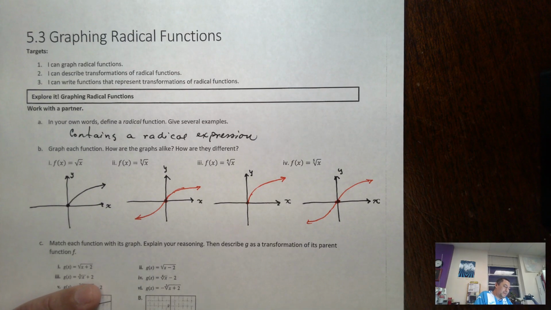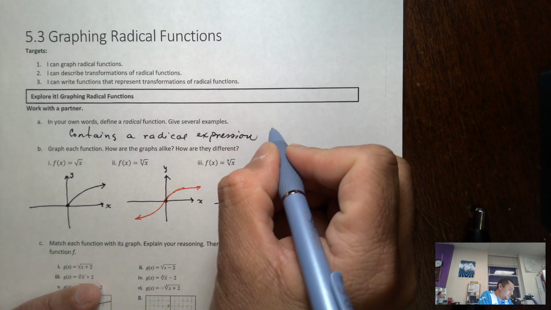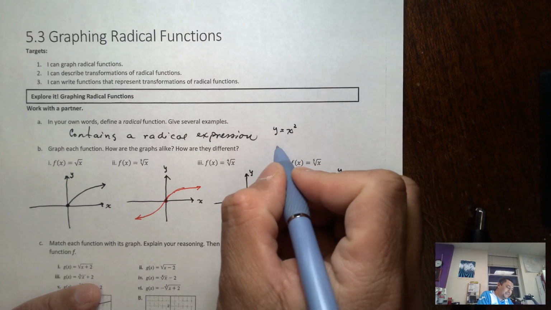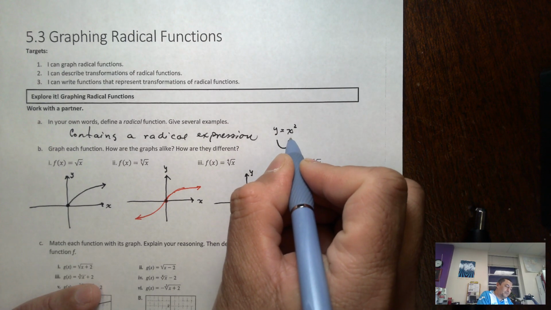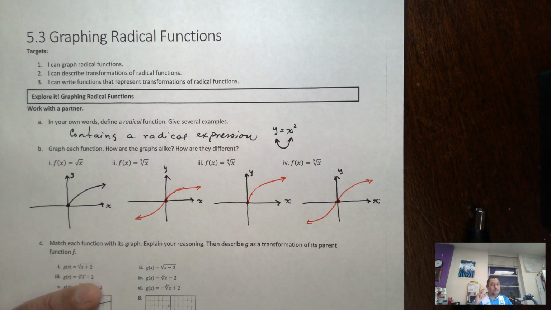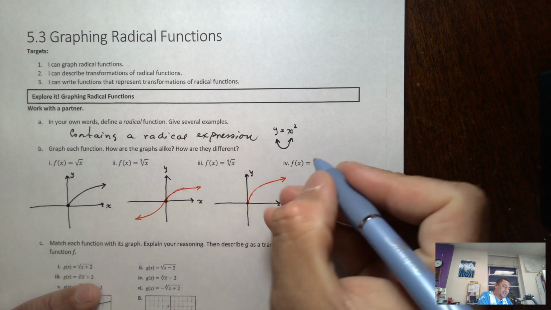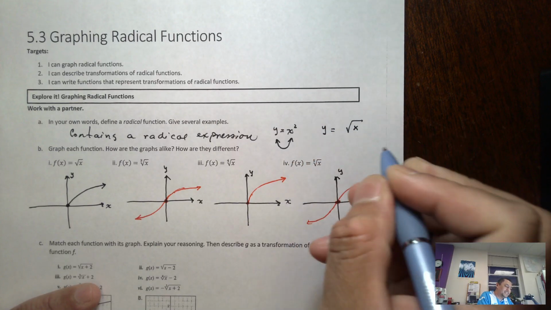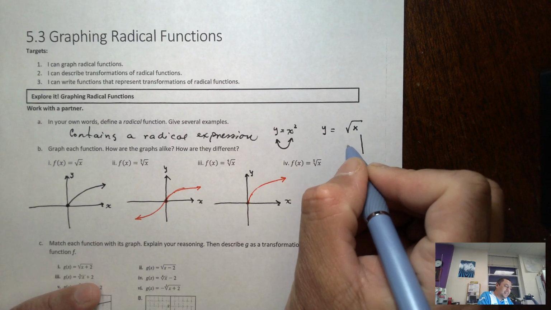Now remember that if you have a parabola, y equals x squared, my graph is the following one, opens up. Now when you have the radical function, in this case y equals square root of x, you only graph the positive side.